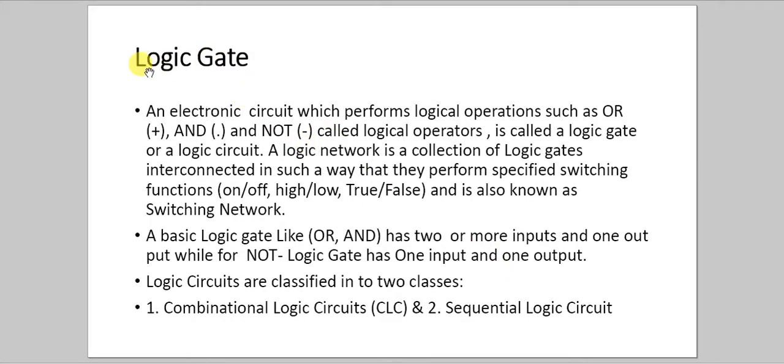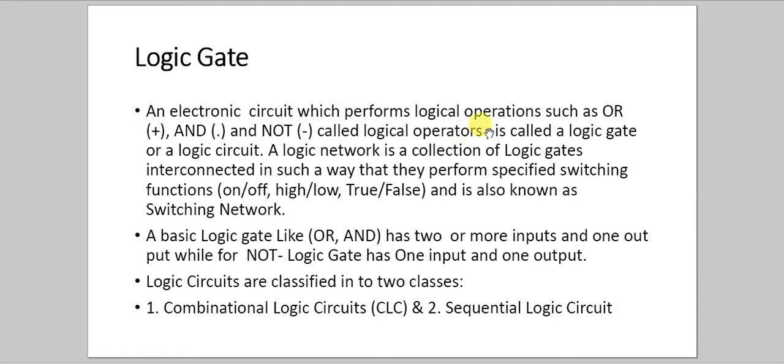Now, what is a logic gate? A logic gate is an electronic circuit which performs logical operations such as OR, that is plus, AND, that is dot, and NOT, that is dash or minus sign, called logical operators.